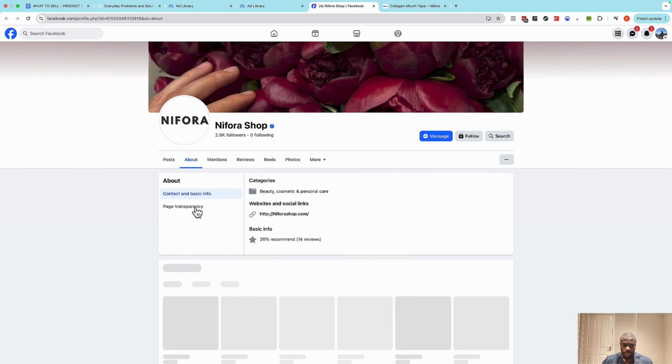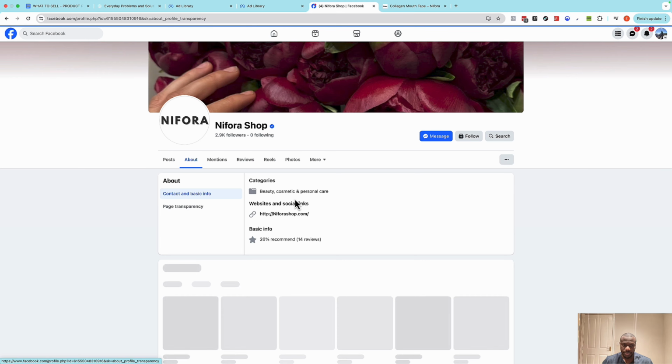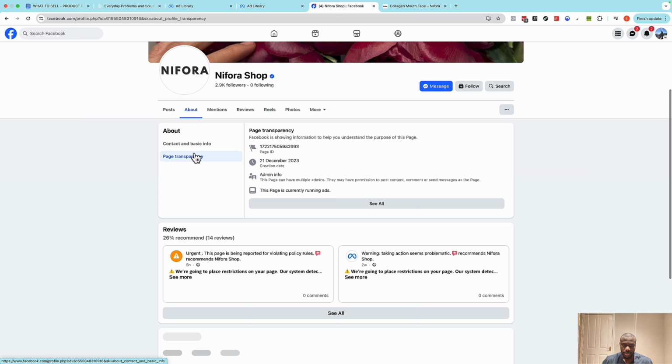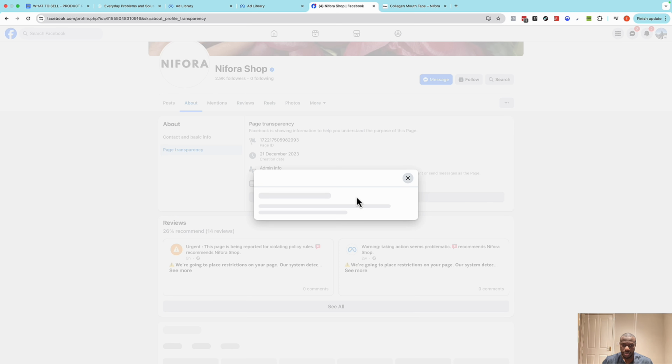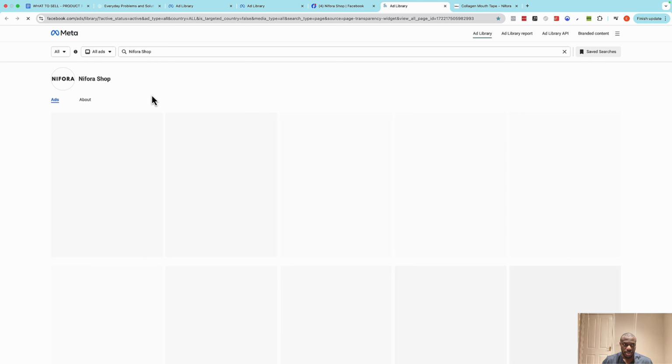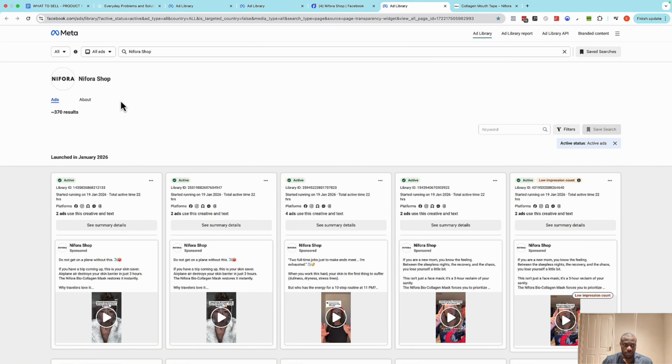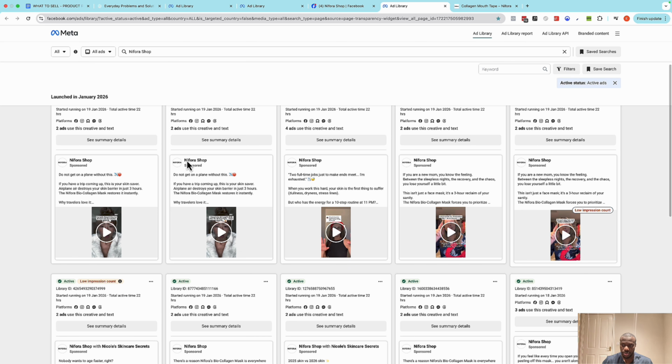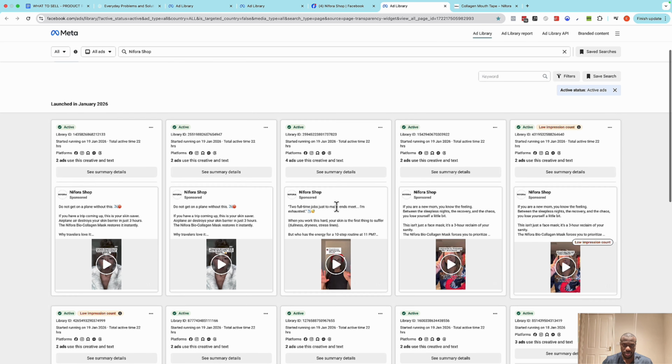I'll go to the page transparency, then to the ads library to see all of the ads that this business is running. So it looks like they run 370 ads, which is quite a lot.